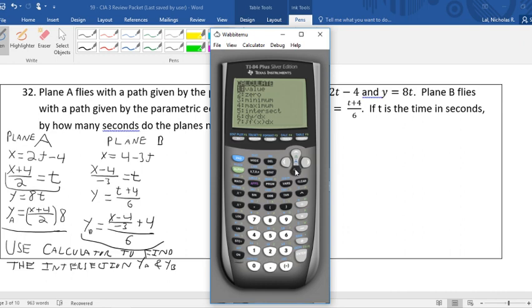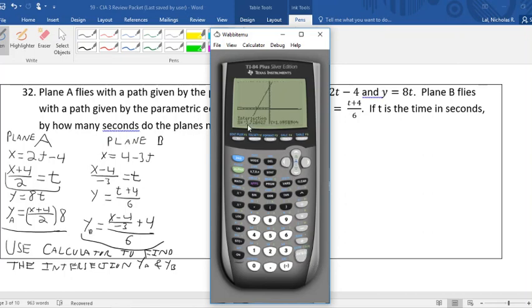So we're going to have to find the intersection of these points. We can go to calc, intersect. This is our first curve. This is our second curve. Our guess for the intersection is where it looks like the graphs are intersecting.